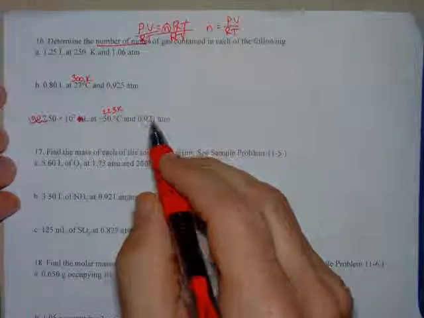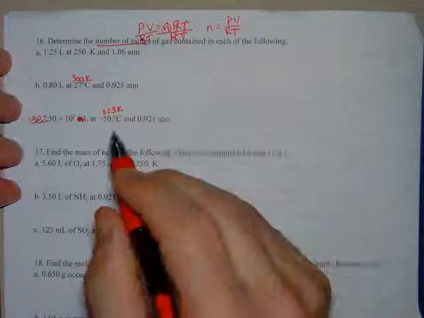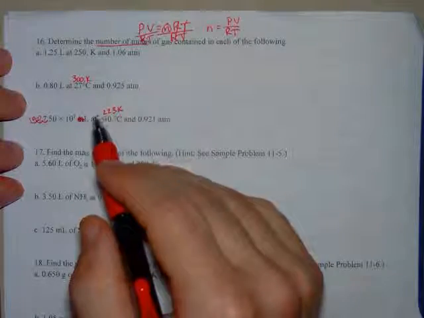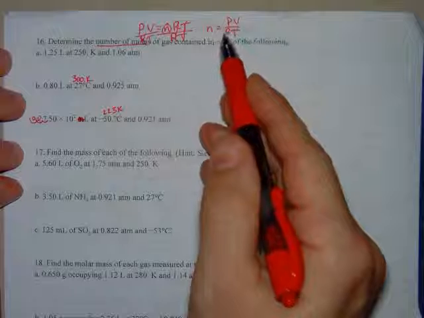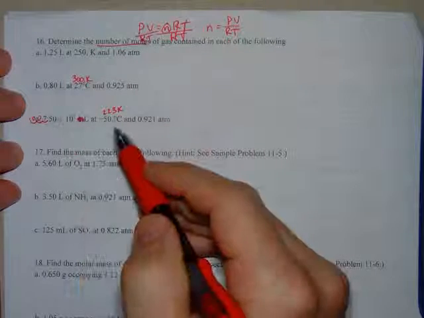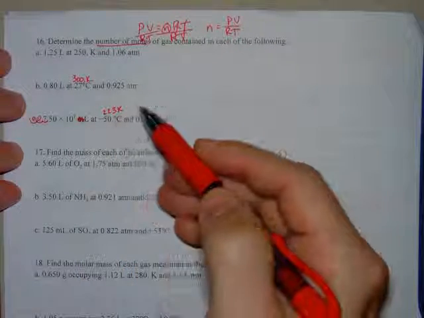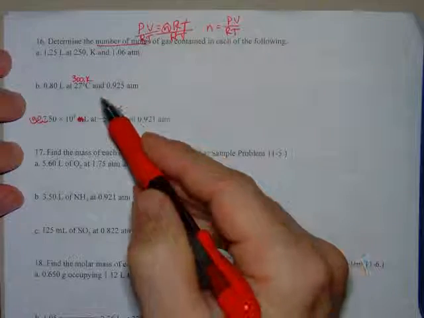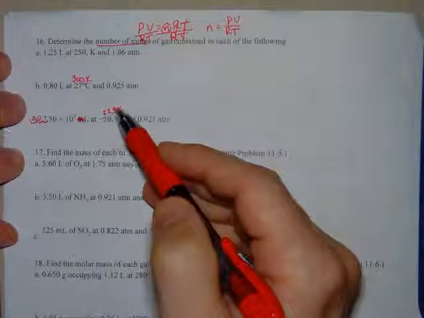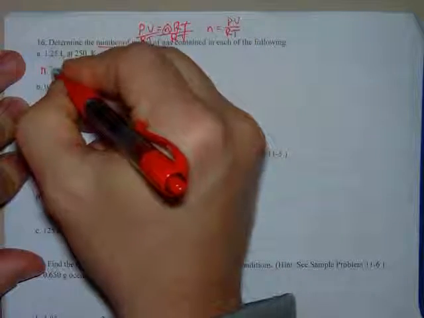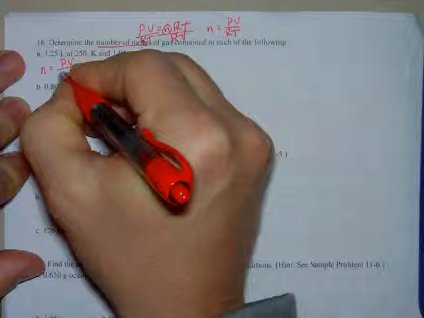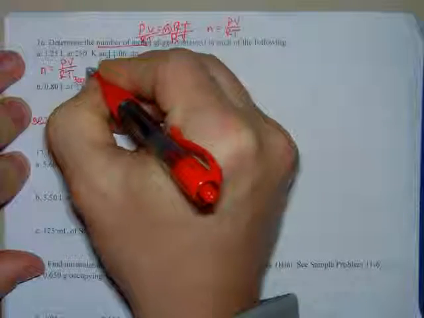And then atmospheres. So as I look at this problem, I have everything set to go. I have the equation that I'm going to use, and I have all of my quantities in the correct units, using the correct temperature scale as well. So let's get going. n is equal to PV over RT.